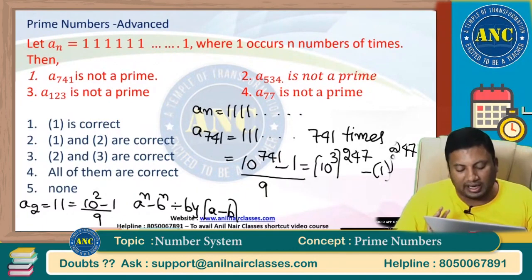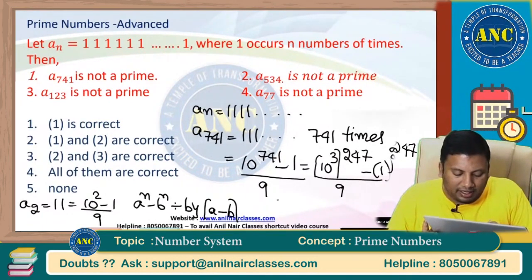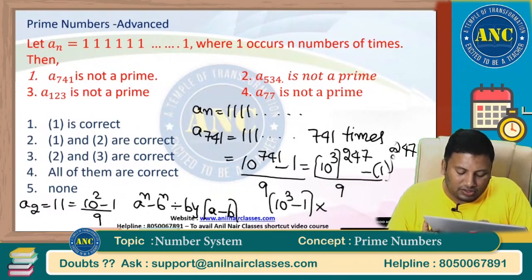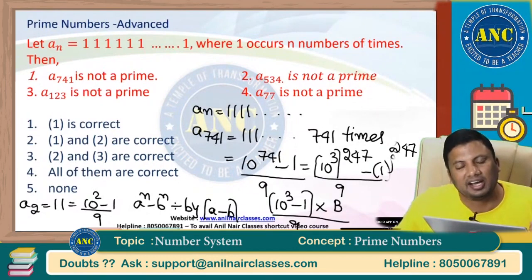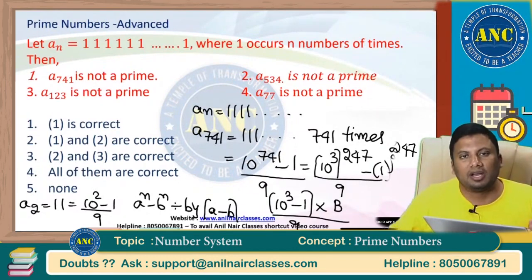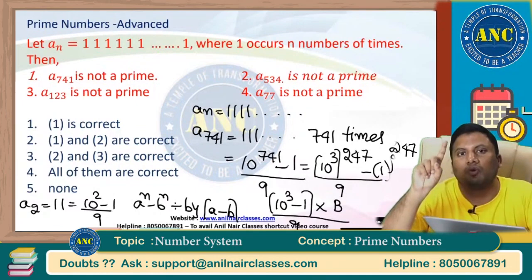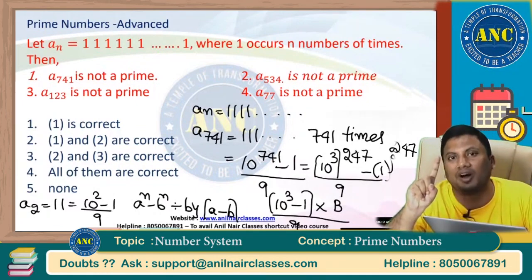I'll tell you why I am writing it like this. A power n minus b power n divided by 9 is always divisible by 10 cube minus 1 into some number, let me call it b, divided by 9. 10 cube minus 1 is 999, divided by 9 is 111. If it is a prime number, one factor should be 1. Are you all with me?